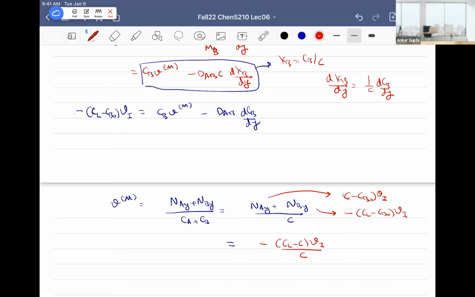Once you have solved the diffusion problem, you can solve the evaporation problem, and that's where it becomes a function. We'll discuss this in more detail, but this VI here is the velocity of the interface. It can be a function of time when I'm thinking about time of evaporation. When I'm thinking of diffusion, diffusion is so fast that this is much slower changing.